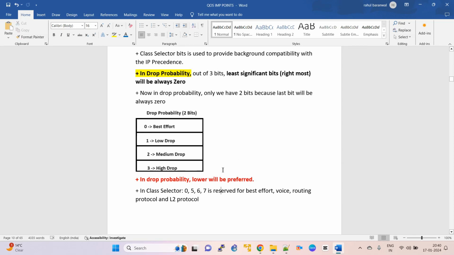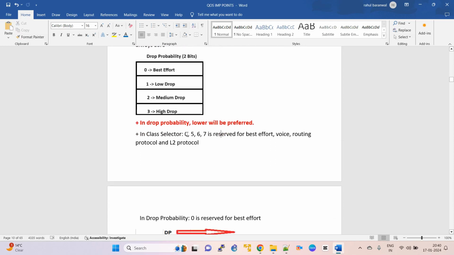Okay. So in class selector, 0 is reserved for best effort, 5 is reserved for voice, 6 is reserved for routing protocol, and 7 is reserved for L2 protocol. Similarly, in drop probability, 0 is reserved for best effort, right? So 1, 2, 3, 4 are free in class selector, and 1, 2, 3 are free in drop probability.